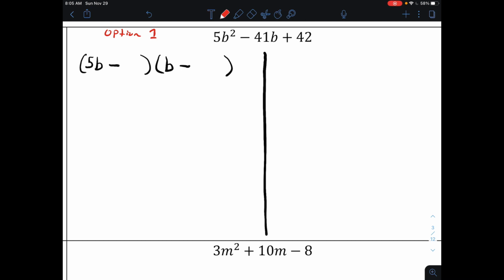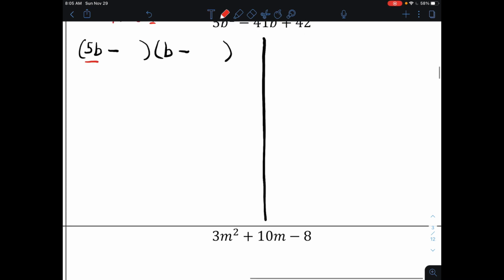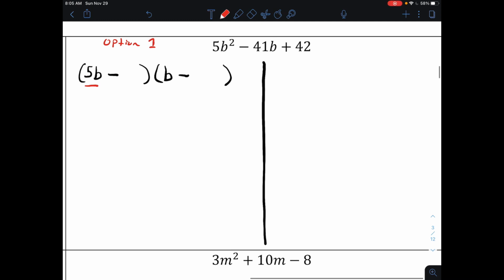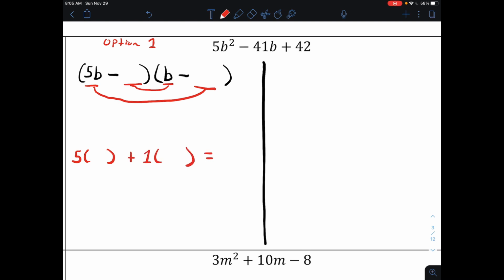Now if I'm distributing this out, that 5b is multiplying to something, and then my 1b is multiplying to something else. So what I am trying to figure out is, 5 times what number plus 1 times what other number equals negative 41 here in the middle.